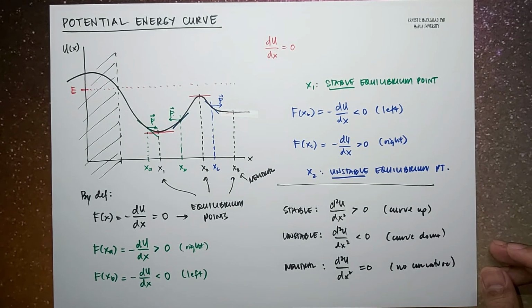That's how you basically read a potential energy curve. This is very useful, especially when you start reading these kinds of curves in electrostatics or electrodynamics, as well as in quantum mechanics.